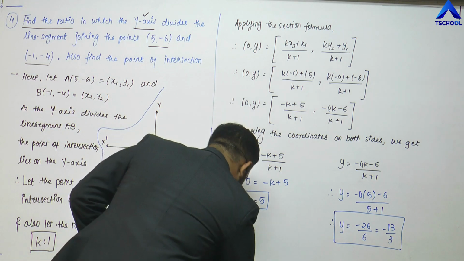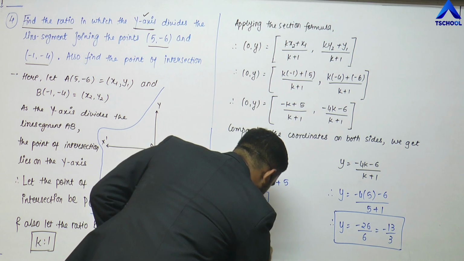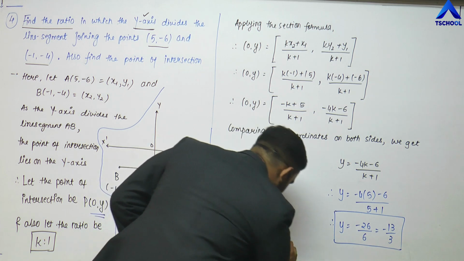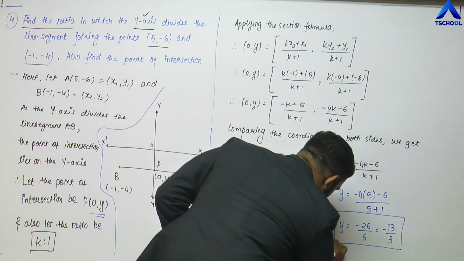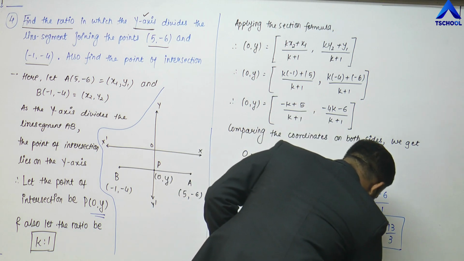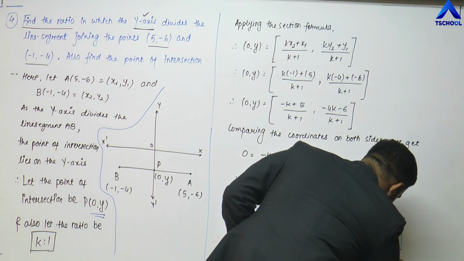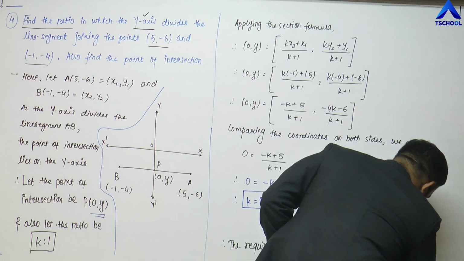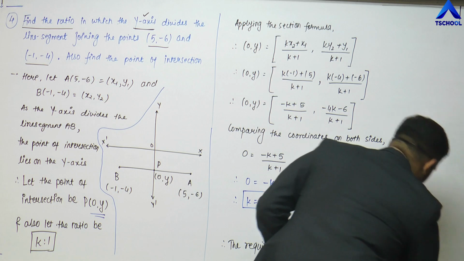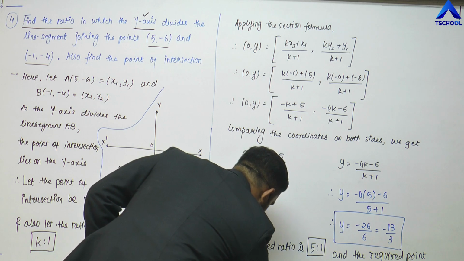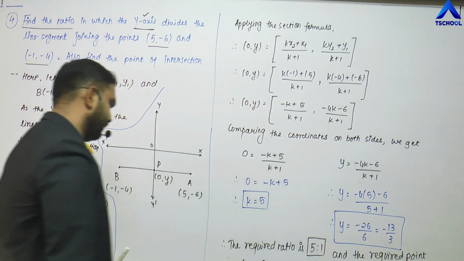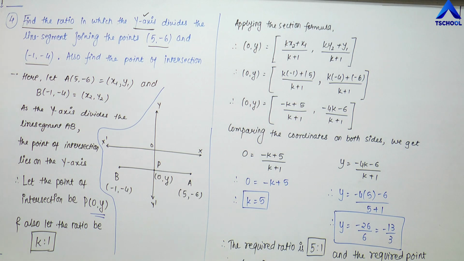Therefore the required ratio is 5 is to 1 and the required point is 0 comma minus 13 by 3.